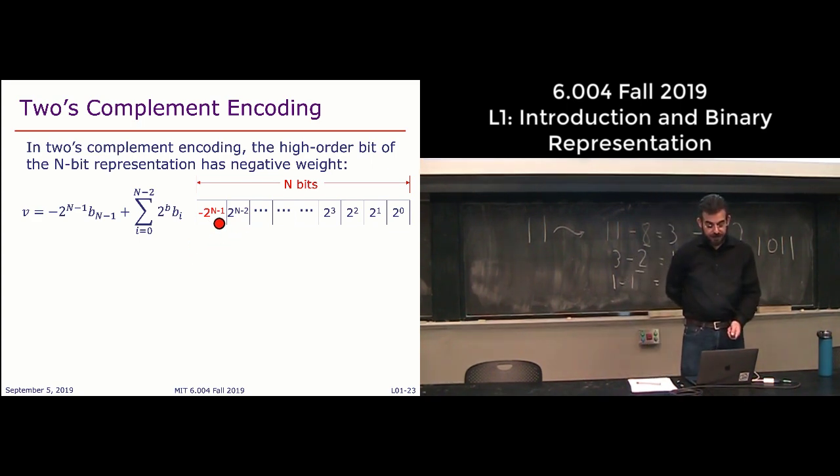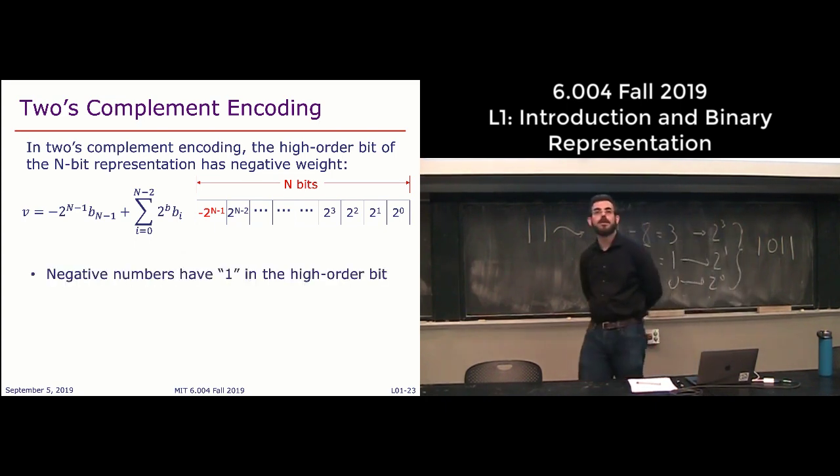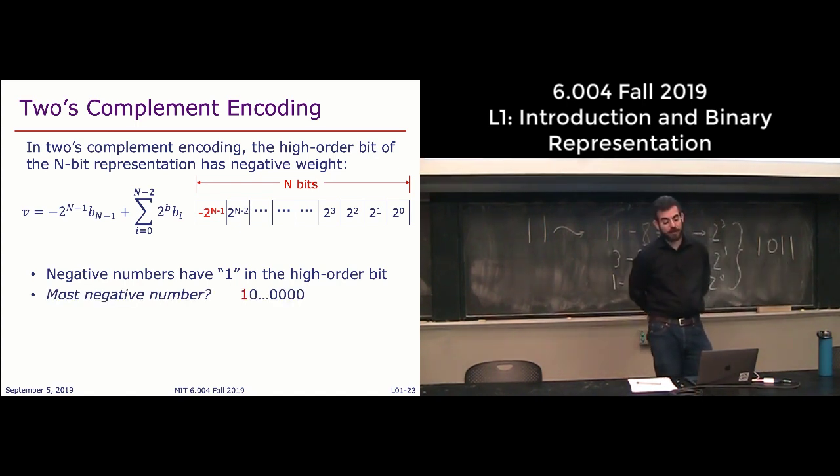So the base for the most significant bit is -2 to the power of n minus 1, right? So you end up with a very similar formula to before. You retain this property that negative numbers have a 1 in the higher order bit. And the most negative number, in this case, is 1 followed by all zeros, which is -2 to the n minus 1.